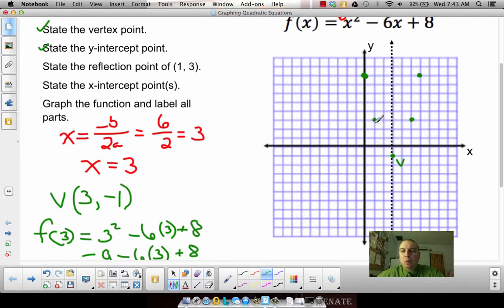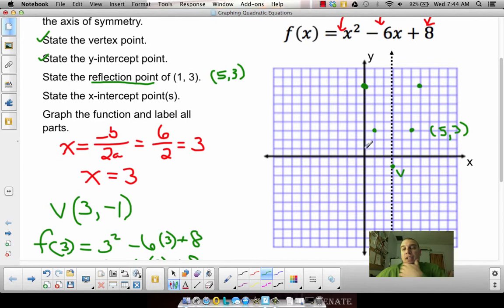Well, before I was here at 1, 2, 3, 4, 5. And then how far up am I on the y-axis? Well, that's going to be 3. So don't get caught up with reflection point. It's literally just whatever's on the other side. So for the reflection point here of 1, 3, it's just 5, 3.